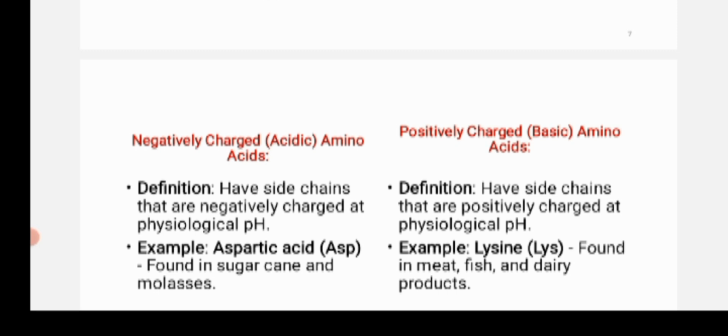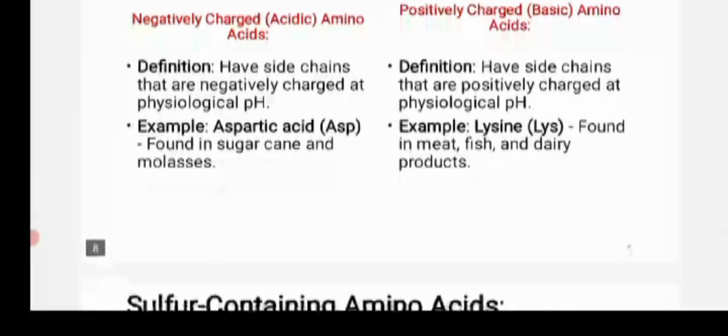The best example is aspartic acid. It is found in sugar cane. Positively charged amino acid, also called basic amino acid, has a side chain that is positively charged at physiological pH. The best example is lysine. It is found in meat, fish and dairy products.